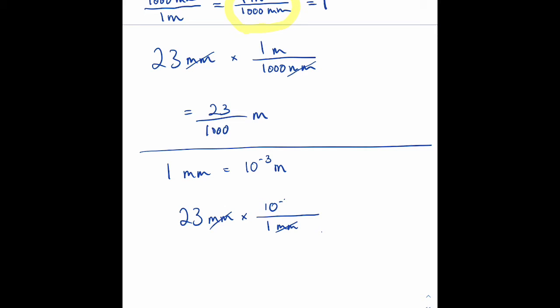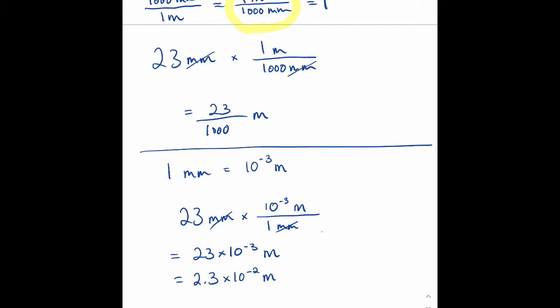So that means I'll have 10 to the negative 3 meters on top. And so this will be 23 times 10 to the negative 3 meters. And we also know from our time with scientific notation that I would probably want to rewrite this as 2.3 times 10 to the negative 2 meters.